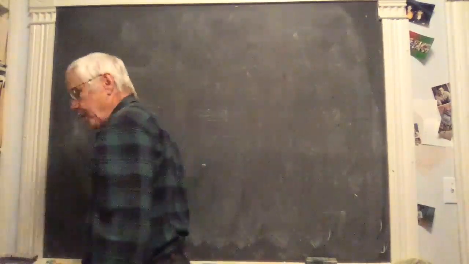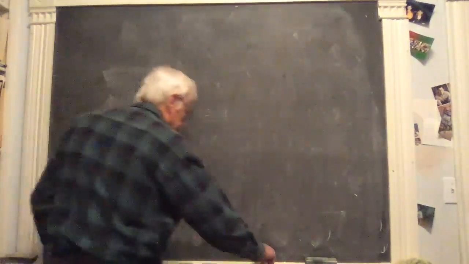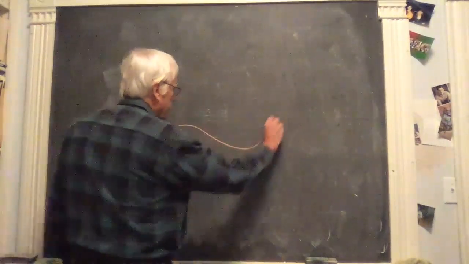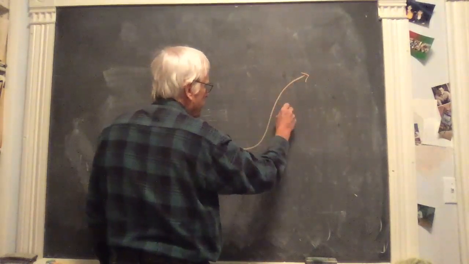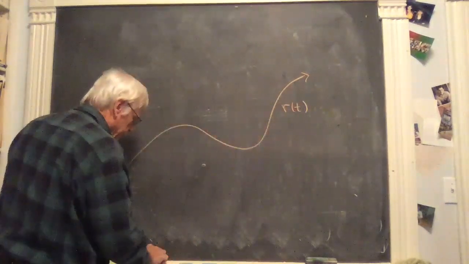In the problems I've been giving you, there's the following situation that has happened, and that is I give you a curve. In this case, I think I gave you a straight line, but let's think of a curve. So I give you some space curve, r of t, and here's a picture of it.